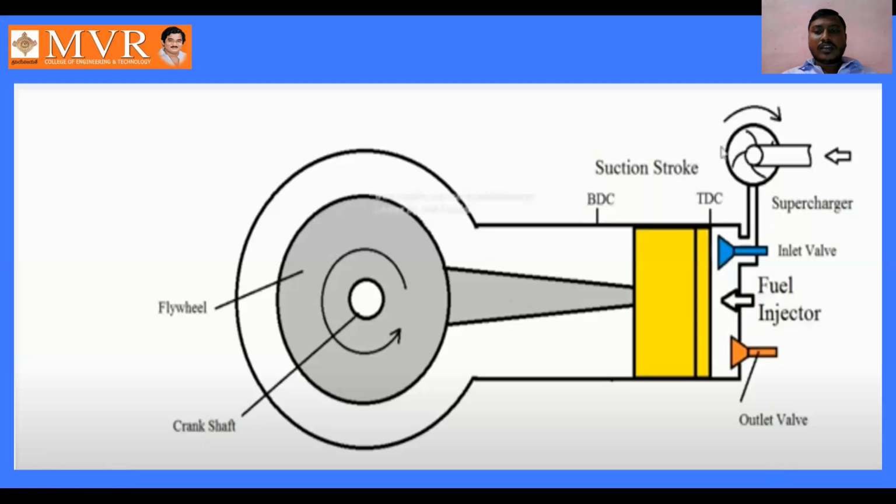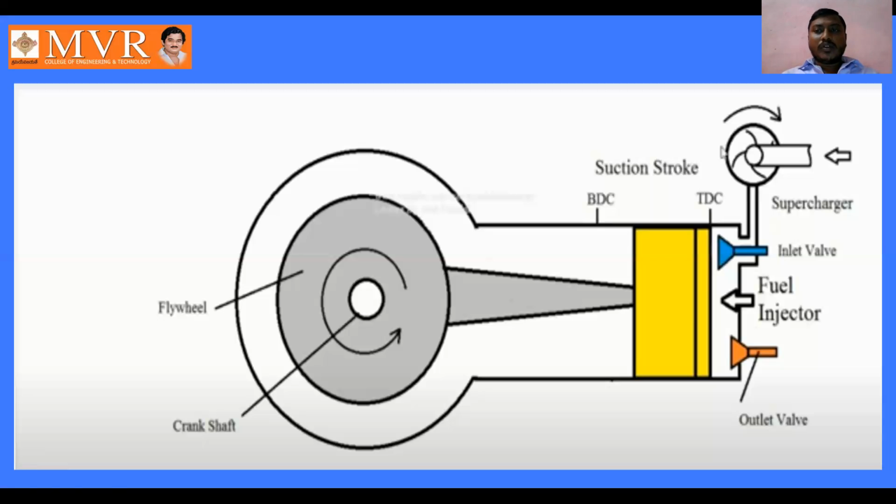After combustion, the hot gases are exhausted into the atmosphere using the outlet valve.